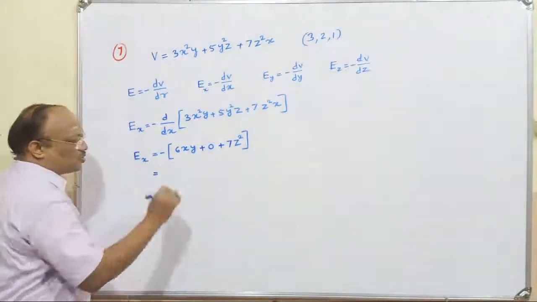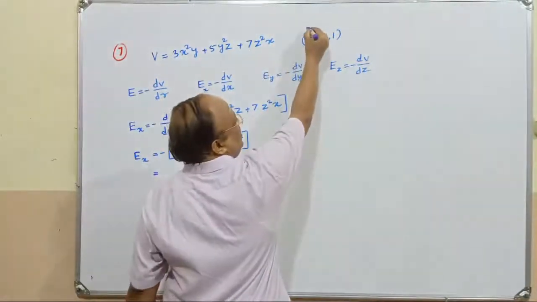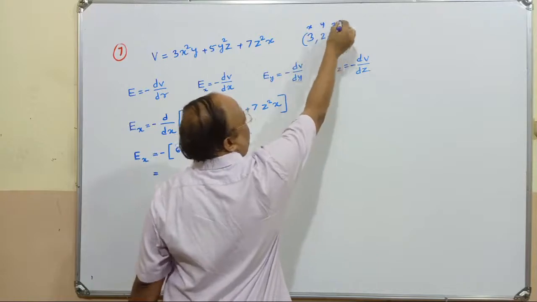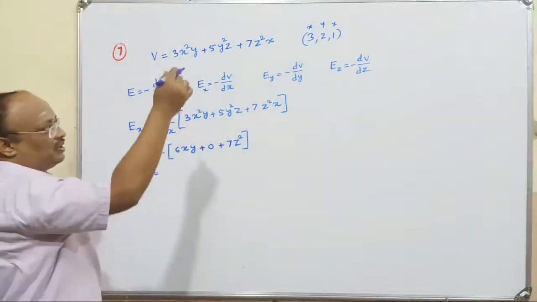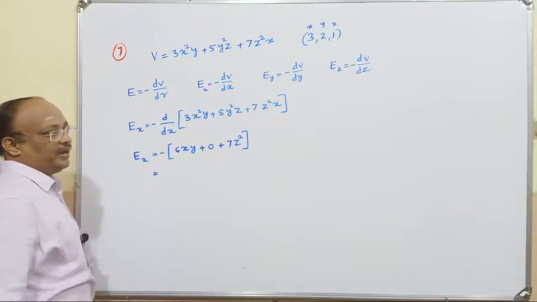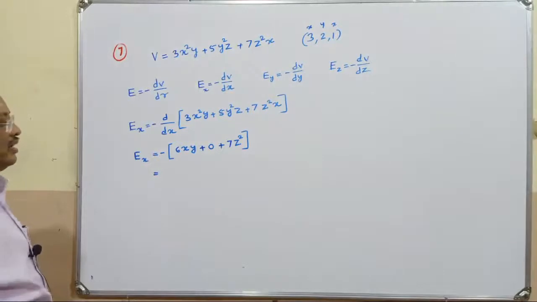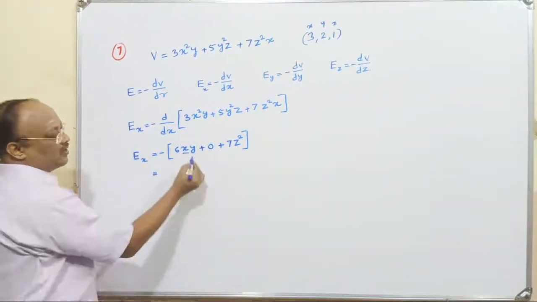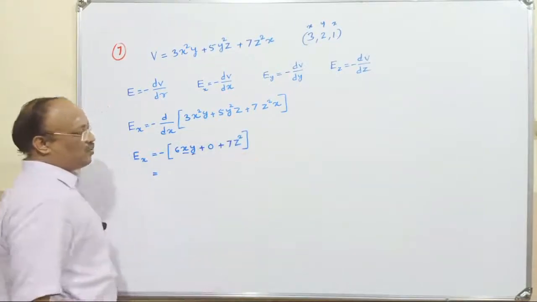If we substitute the given coordinates, at this point we have to find the electric field. In place of x, substitute 3, in place of y, substitute 2, in place of z, substitute 1.